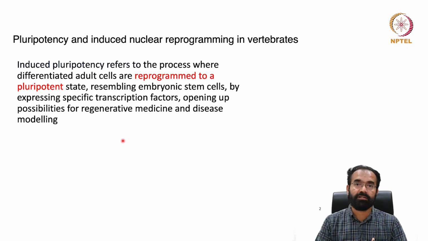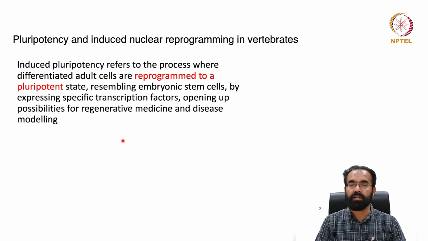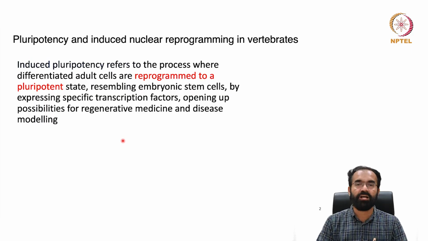And you would have heard about Dolly, the first mammal to be cloned. But the same concept you can use not just for creating an animal, rather for making stem cells related to that organism. But these days we have moved further ahead and we will see them one by one.